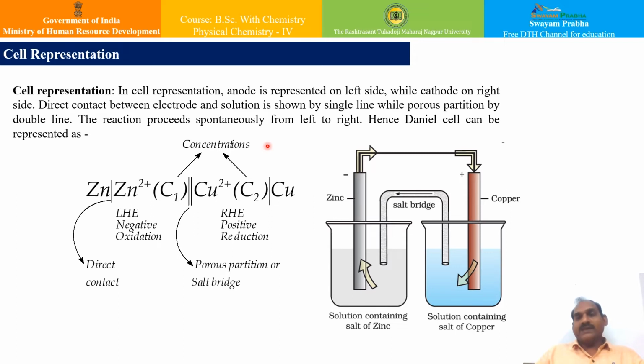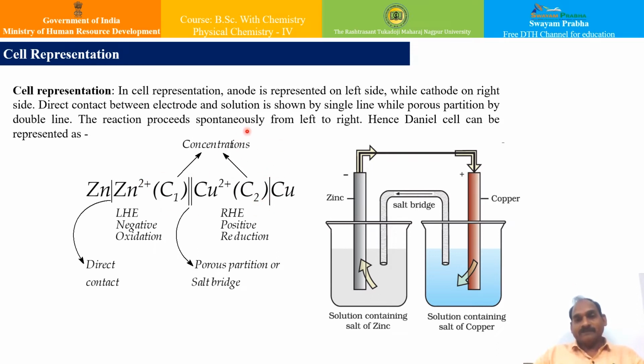When the electrode is in direct contact with the electrolyte, they are separated by a single line, and a porous partition or salt bridge connection will be represented by a double line, as I said. And if the concentrations are given, they can be shown in brackets.